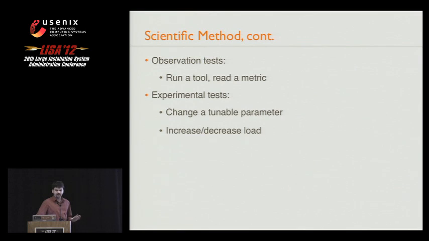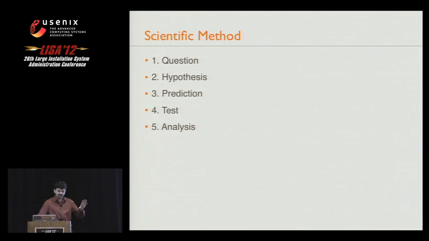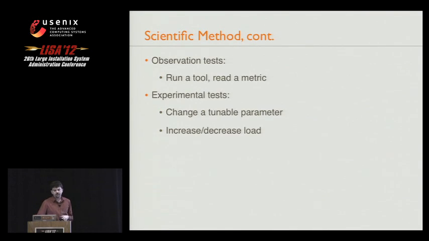For performance analysis, the test stage, in order to verify the hypothesis, you can have observation tests where you run a tool and read a metric, and you can have experimental tests where you change a tunable parameter, increase or decrease load. One thing that some of the best people in the industry I know at performance are good at is having a good balance between observational and experimental.